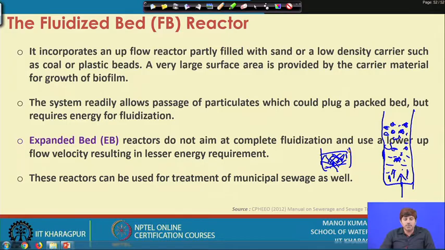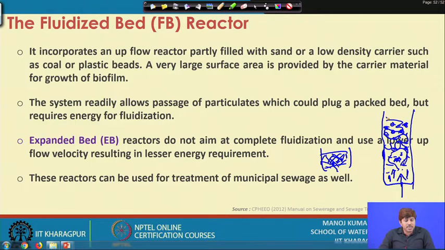Whereas in the fluidized bed system, because the media is already in suspension, nothing gets trapped; particulates will find some way through and eventually escape the system. Of course, it requires energy for fluidization.